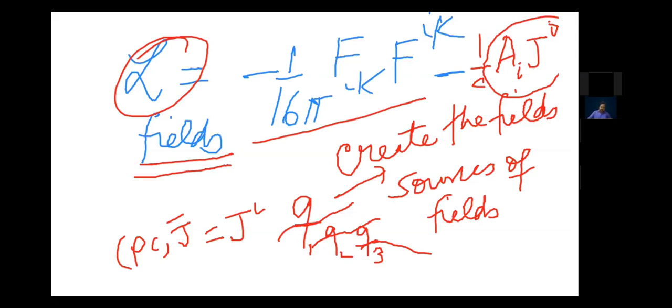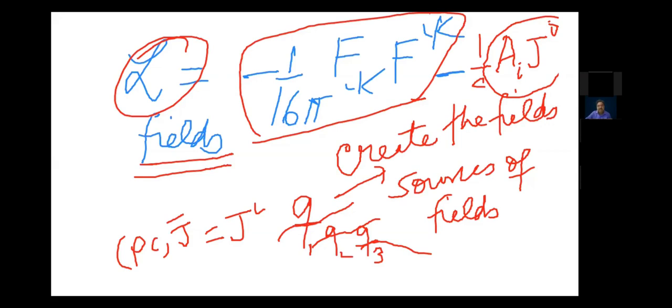So the sources are also interacting with the fields, right? The sources are creating the fields, but they are also interacting with the fields. Okay, and later on I will show, and you can yourself see this, that this interaction is the same interaction which we were discussing yesterday.